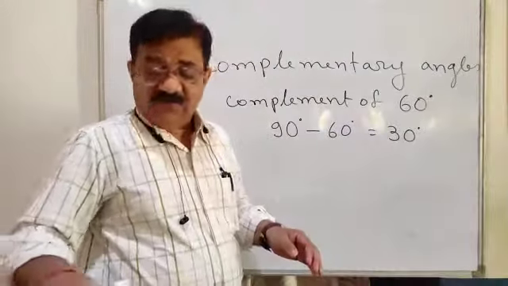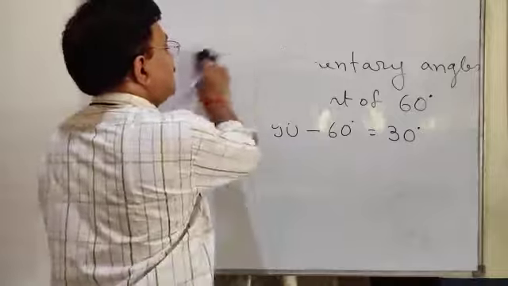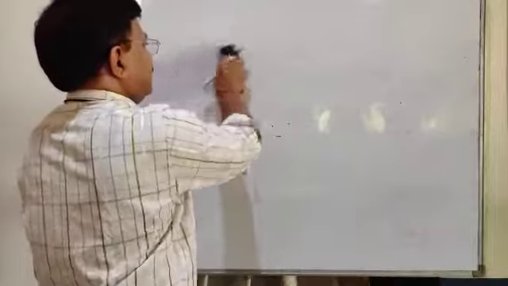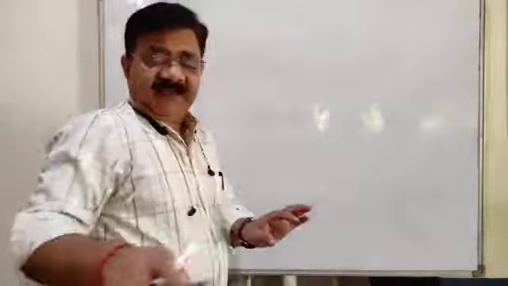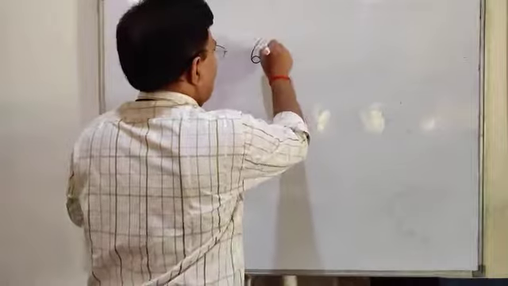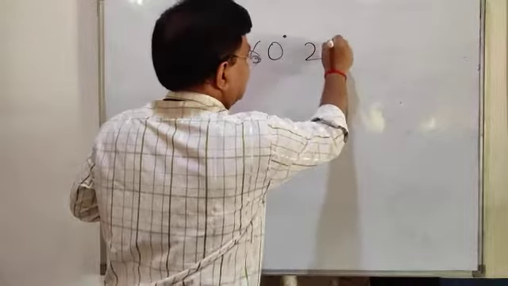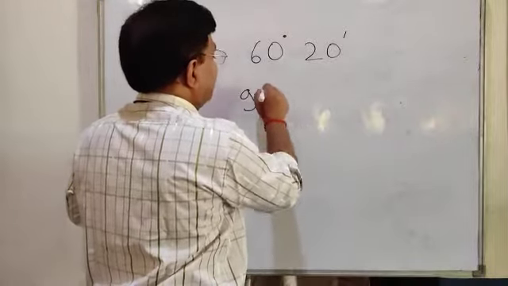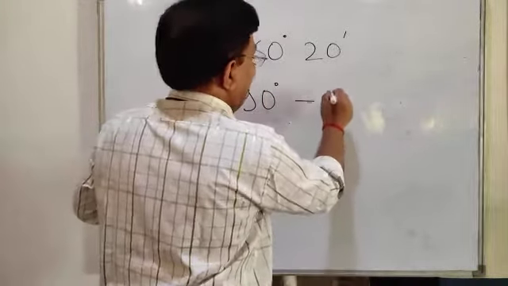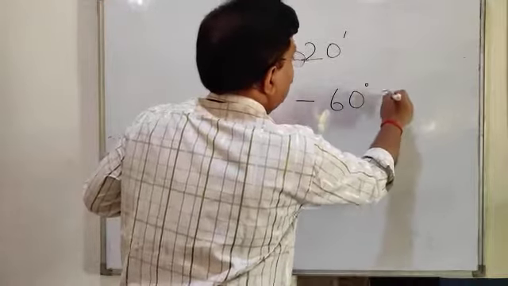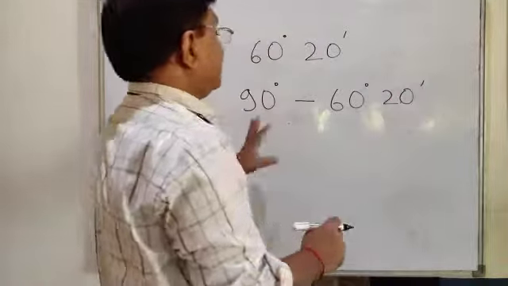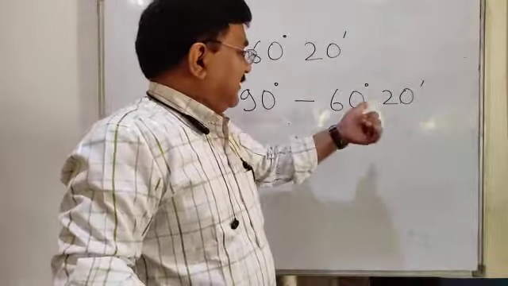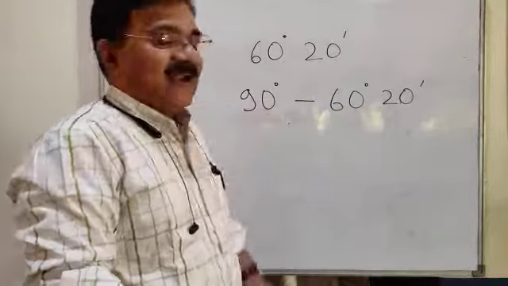If I am asking you the complement of 60 degrees and 20 minutes, you have to subtract it from 90 degrees, that is, subtract 60 degrees 20 minutes from 90 degrees. But it is very difficult to subtract 60 degrees 20 minutes from 90 degrees.